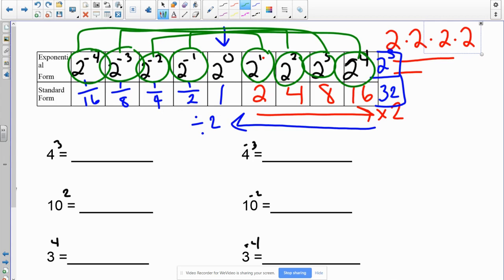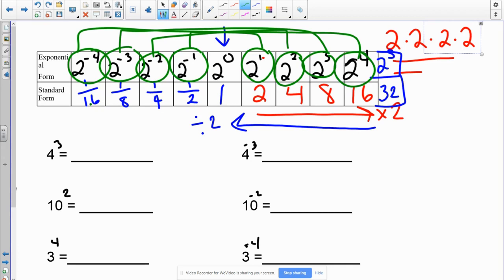What I'm hoping you notice, we'll start with the 4 here. 2 to the fourth power is 16, and 2 to the negative fourth power is 1/16. And 1/16 is a fractional amount. Notice that there's always a 1 in the numerator of all these fractional amounts. 2 to the third was 8. So look over here, 2 to the negative third is 1/8.